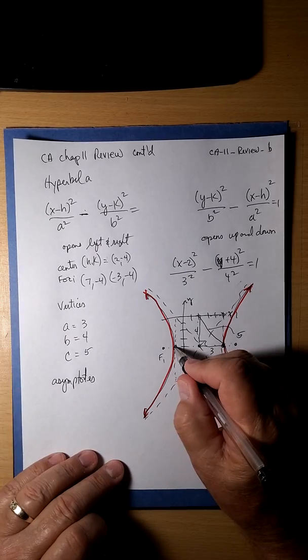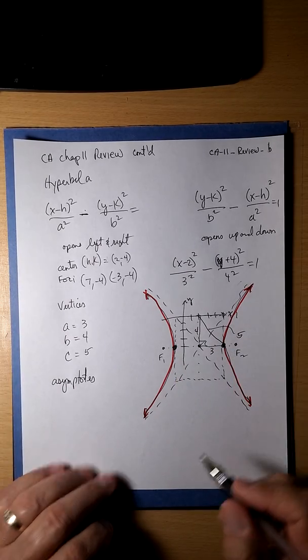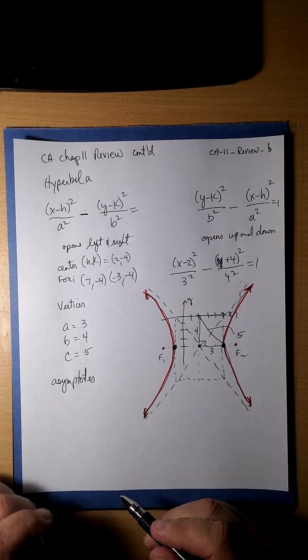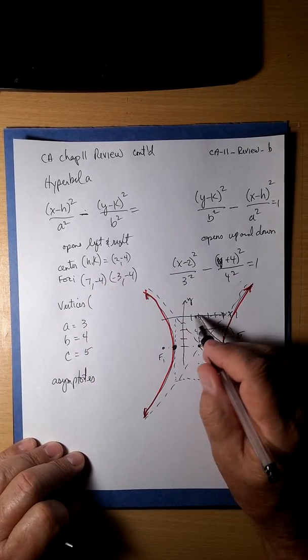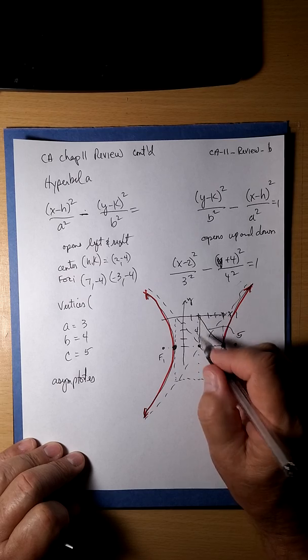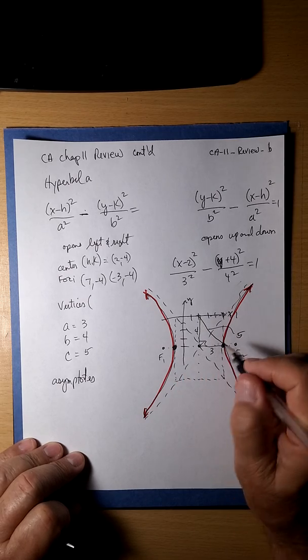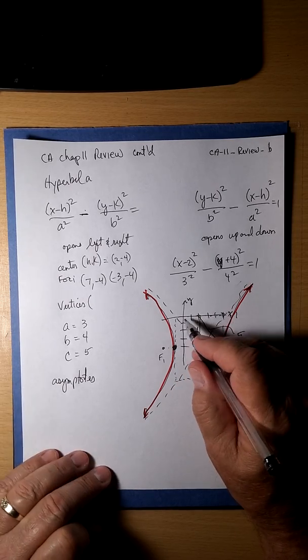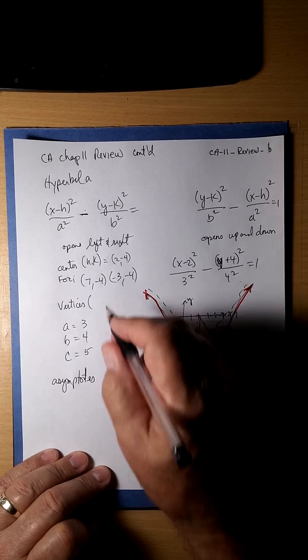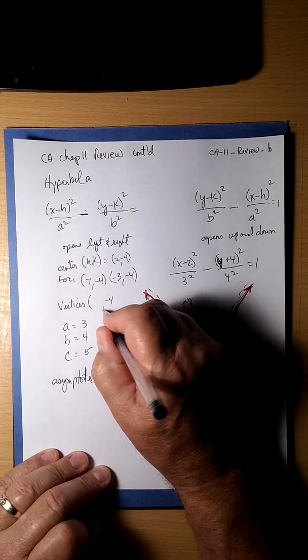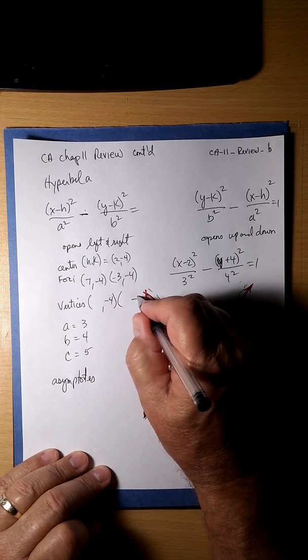The vertices are these points right here on the rectangle that we used to help draw that. So they're pretty easy also. You can always go back 3 and to the right 3 to get those in this case. So it is on the x-axis, it's always going to be negative 4 for the y coordinate.